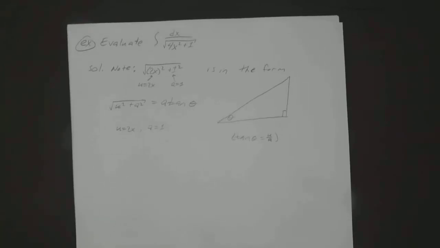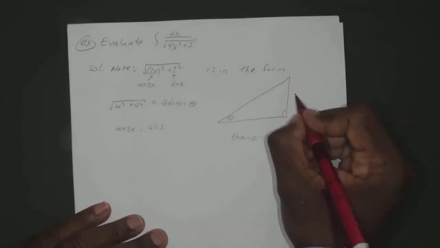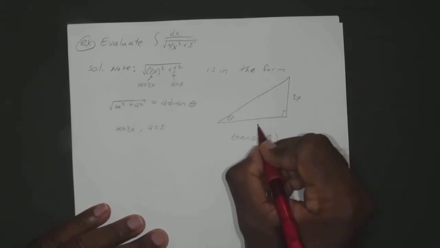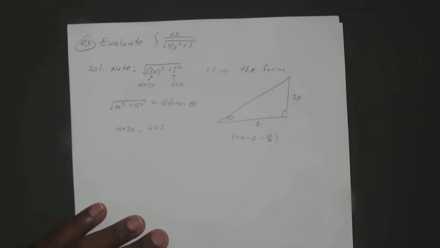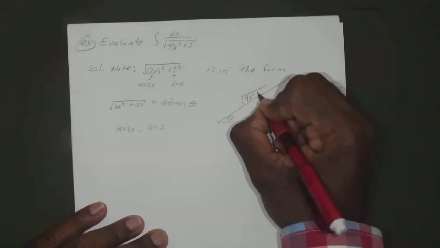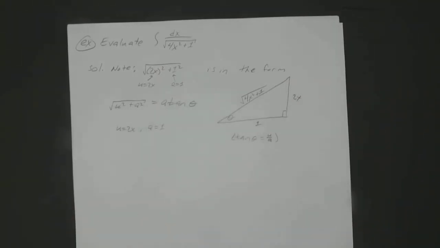All right, so our tangent is u over a. So if you have u, which is opposite over adjacent, you have your 2x over 1. So that would end up giving you the hypotenuse, square root of 4x squared plus 1.